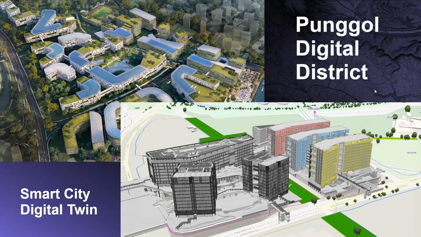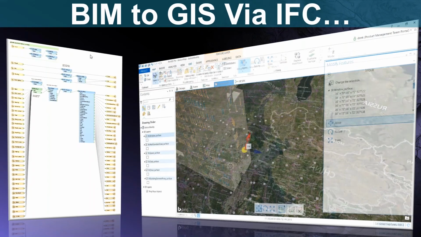So just to give you a sneak peek of how the GeoBIM integration process actually comes into play, what you see on the left hand side is actually the whole conversion, the whole transformation logic that's happening in ArcGIS Pro, should you decide to convert an IFC or a BIM model into a feature or a 3D feature.